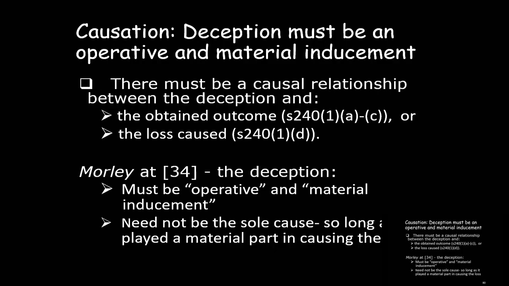This is absolutely essential to this offence. This is what Morley has described as the gist of the whole offence. So to put it the other way, the obtaining of the benefit or the advantage or the loss must occur as a consequence of the deception. Okay, so we're back to causation.